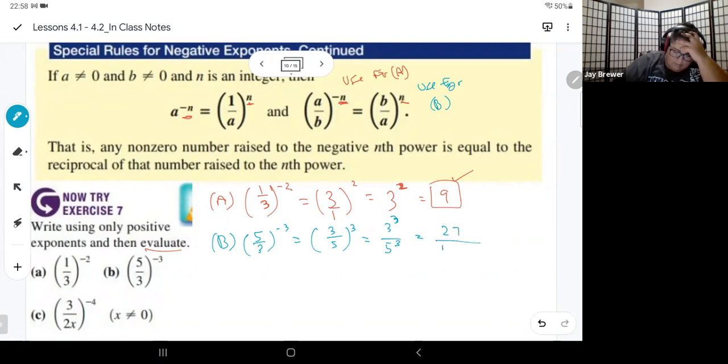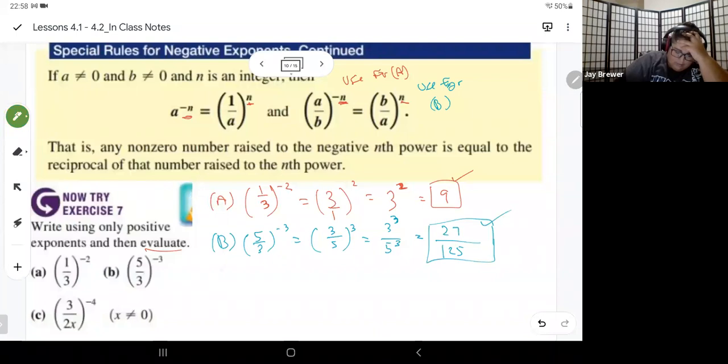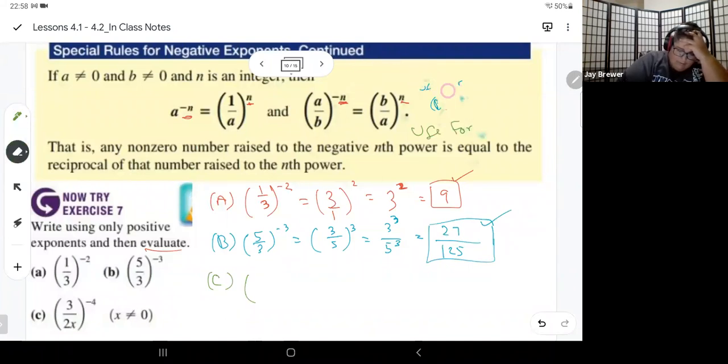So 27 over 125. That one's easy peasy. Last one on this page. We're going to use this for C as well. So we use that one for all of them. I'm just going to say focus on this.